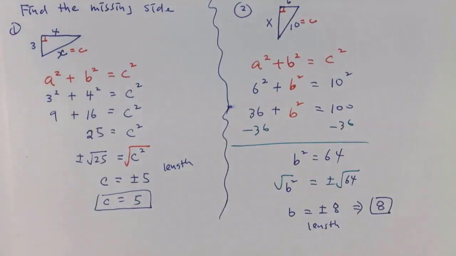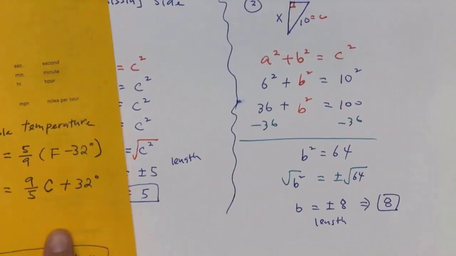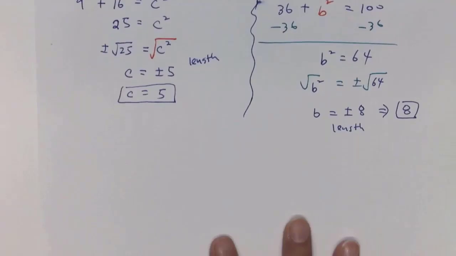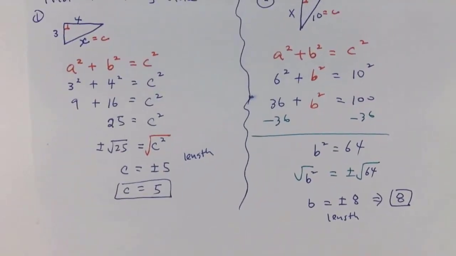So you have two handouts that talk about different units and their conversions. The one from last time has the formula to convert temperature, and it also talks about different units. The one from the United States is kind of difficult because it's not metric, so they're not doing 10 to some power.